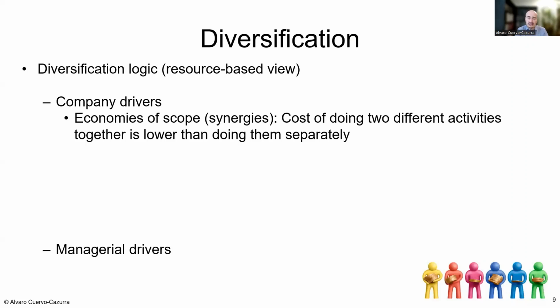Wouldn't it be logical to basically produce them together? Although they are operating in different markets, I have this machinery, I have this expertise. I can basically do things more efficiently than if I'm running them in these two different production plants. This is the idea of synergies. Cost is going to be reduced because I'm doing those two things together rather than separately.